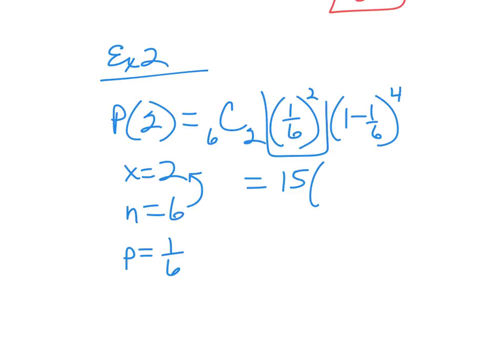A sixth to the second power is 1 over 36. If you take 1 minus a sixth, you're going to get 5/6. And if you raise 5/6 to the fourth power, according to your text, you end up with 625 over 1,296.